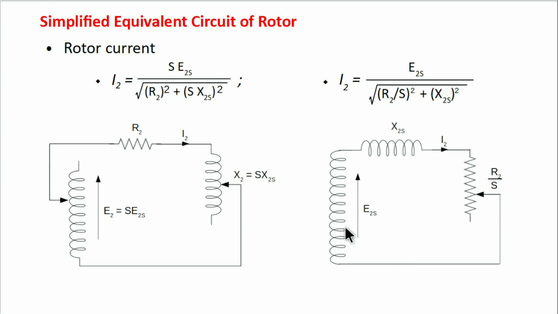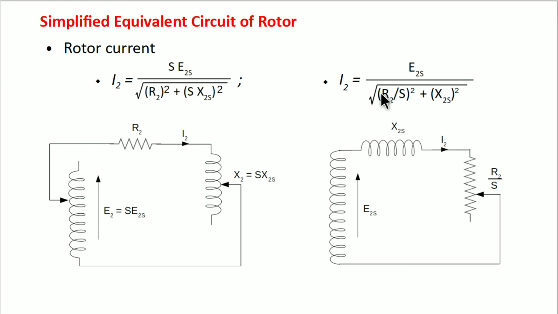Now the equivalent circuit is also modified. Now the induced EMF E2S has no variable term, so it is now shown as a fixed EMF E2S here, and X2S has no variable term with it, so X2, which was variable in the earlier case, is now shown as a fixed value X2S.